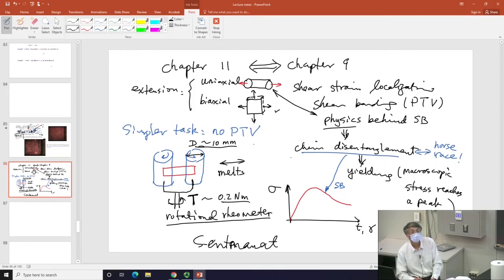It means something remarkable that I always remind myself, that the commercial rotational rheometer can hardly handle melts for two reasons. If you handle melts, typically this diameter will need to be as small as less than 10 millimeters. And that's getting very small.